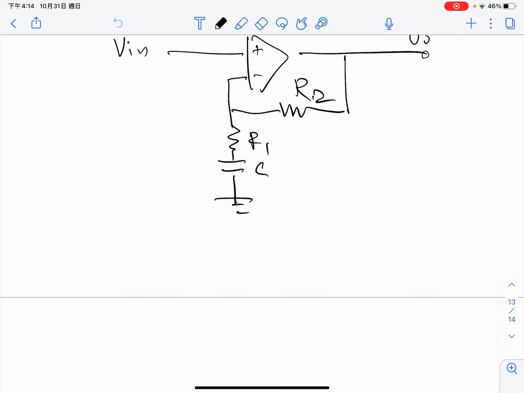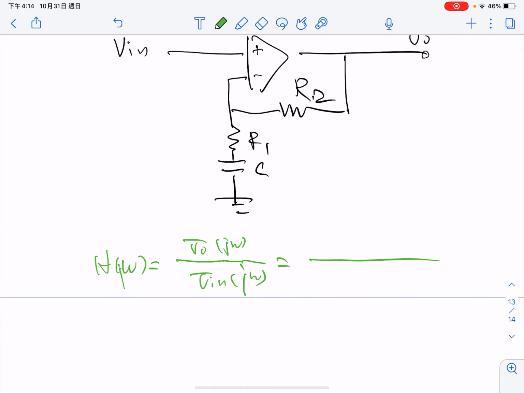So, similarly, we have H of omega equal to V out of j omega over V in of j omega, which will be equal to 1 plus R2 over R1 plus j omega C, right?